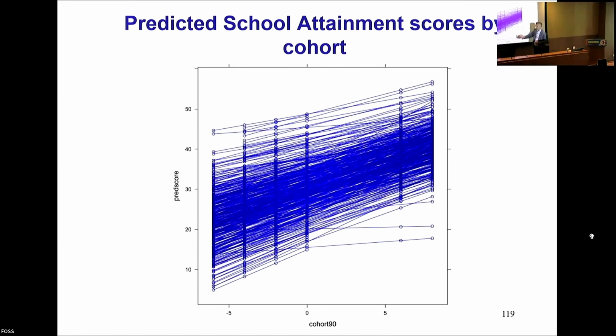So this is another visual representation. Another way of saying this is that there's much more variability in the students' exam test scores in 1984 than there is in 1994. So the variability in exam test scores has reduced compared to earlier times.